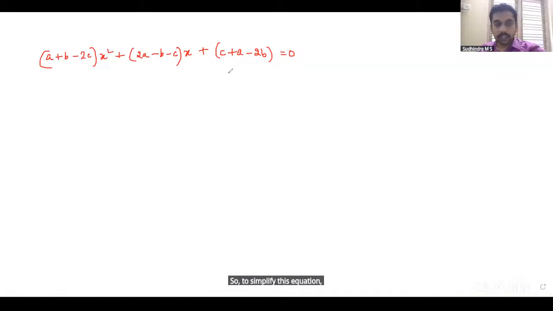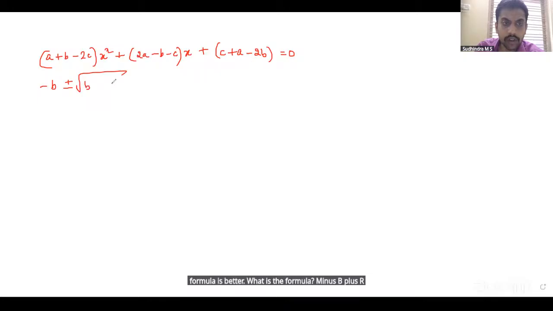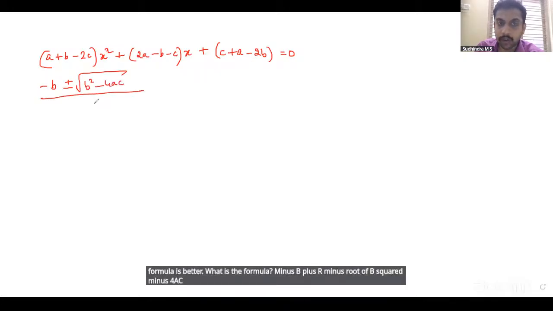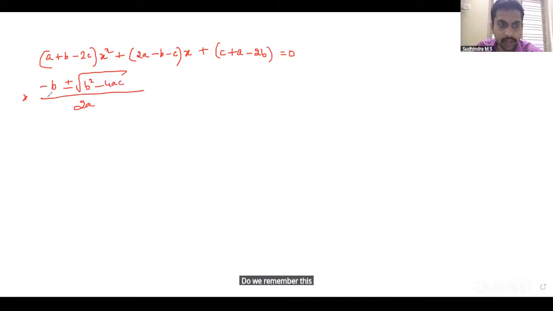To simplify this equation, factorization obviously we cannot do. Applying the formula is better. What is the formula? Minus b plus or minus root of b square minus 4ac divided by 2a. Do you remember this formula? Yes, sir.